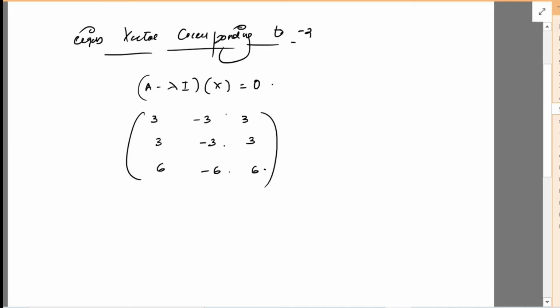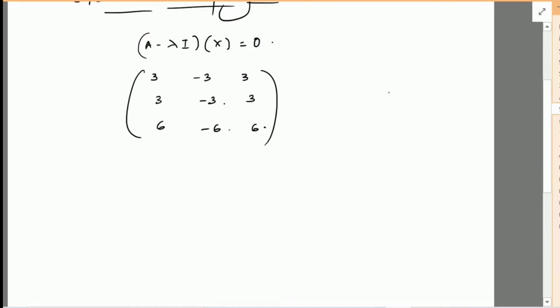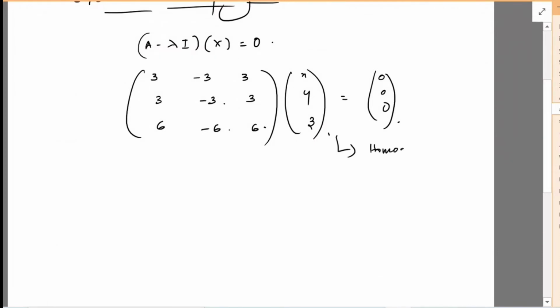So that will be A minus lambda I, into X. This capital X will be x, y, z, because it is a 3 by 3 matrix. So we have three variables x, y, z, equal to 0, 0, 0. So this will be a homogeneous system, and now we need to find the solution of this homogeneous system.